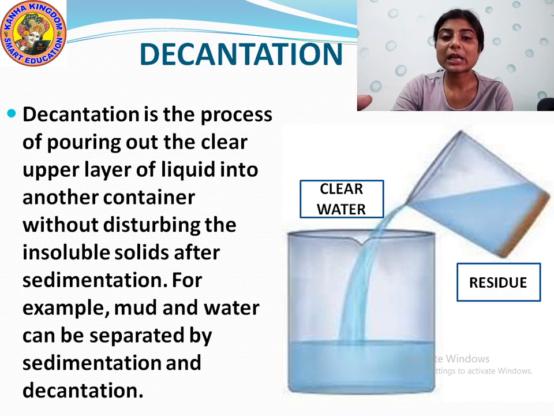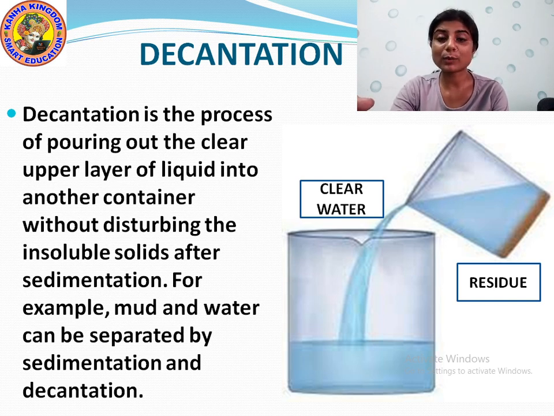And what are liquids? Liquids are substances where the particles are not very closely packed. Liquids do not have a fixed shape and they can flow. They can take the shape of the container in which they are kept. For example, water, milk, juices. And gases are the substances where the particles are very loosely packed.